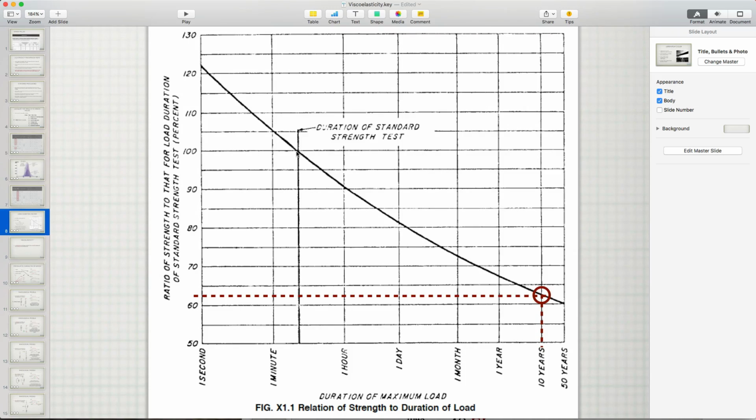Here's the important part, 100. When you test lumber, when you test your pieces of wood or your composite materials and you follow that ASTM test, they say test at a certain speed. Or they'll say test such that failure will occur in 5 to 10 minutes or 3 to 10 minutes.